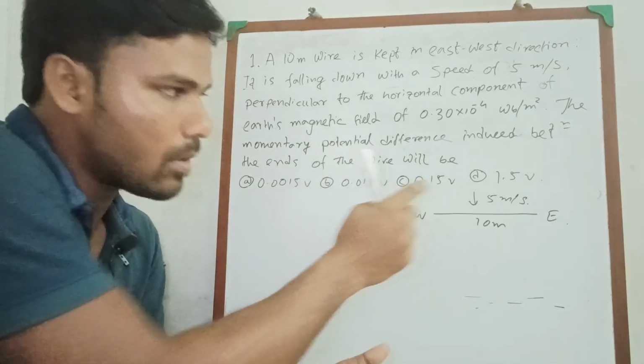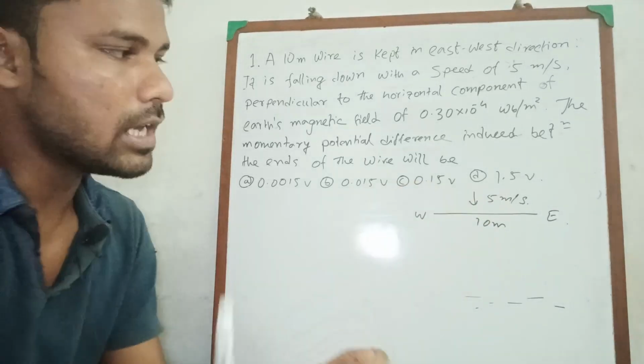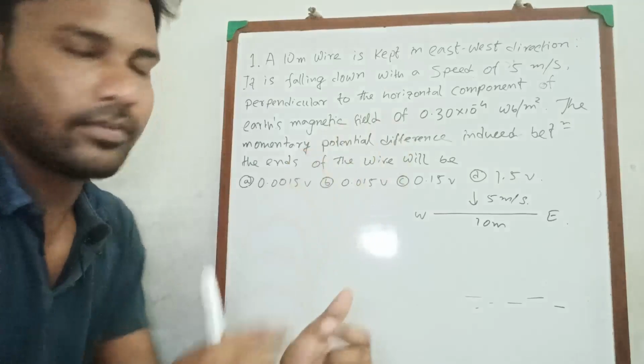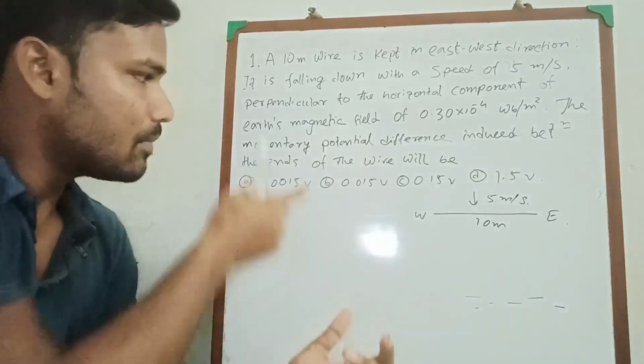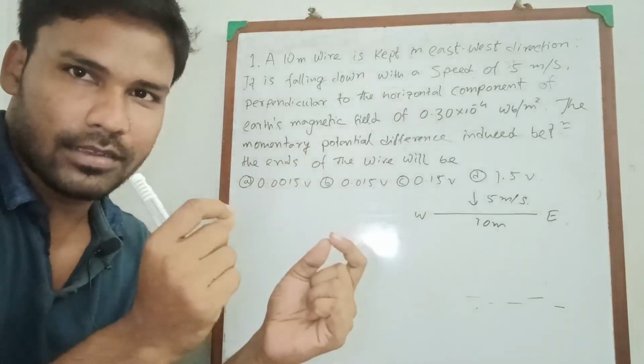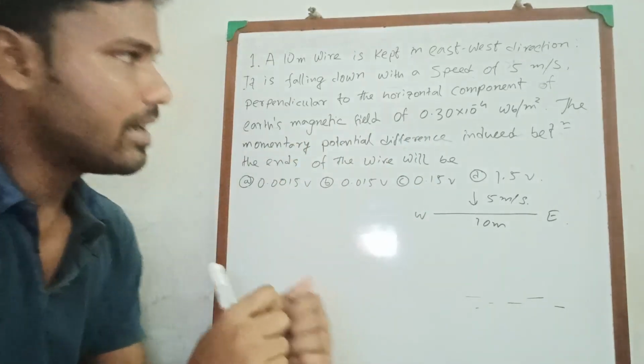So at the moment when its velocity is 5 meter per second, what is the potential difference induced at that instant?